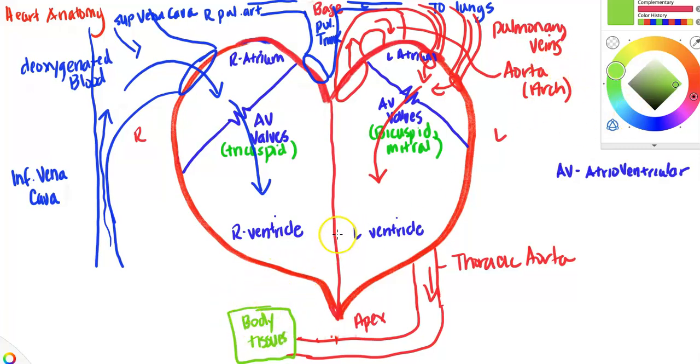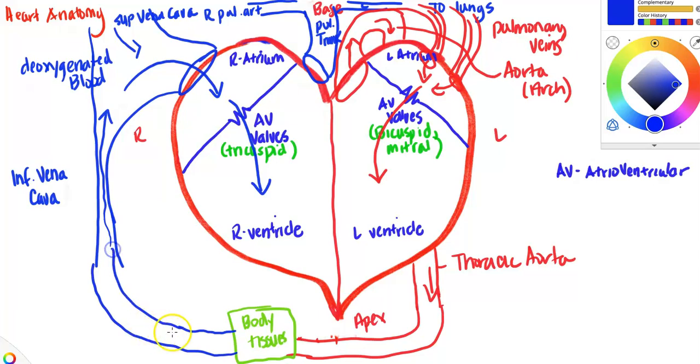And once the oxygen is released to the tissues, the blood is going to absorb or take on carbon dioxide to take back to the heart so that we can breathe it out of our lungs. So once we get through the tissues, then we're deoxygenated. And the blood heads back towards the heart.